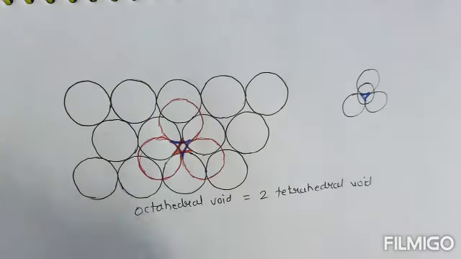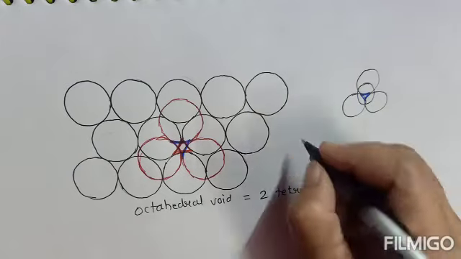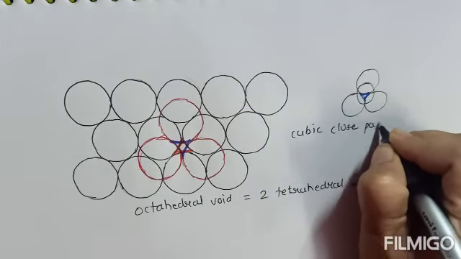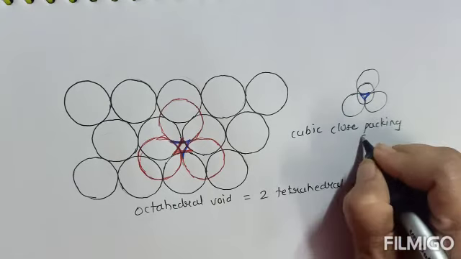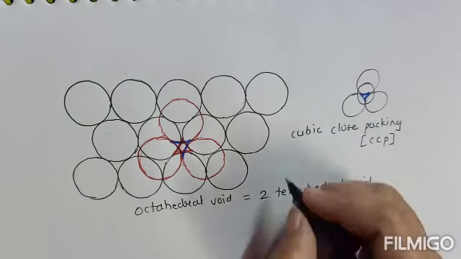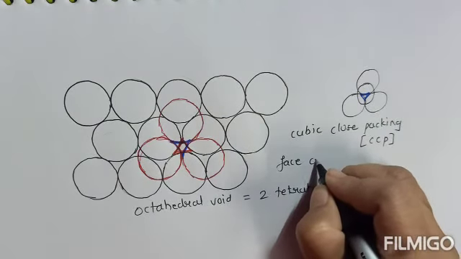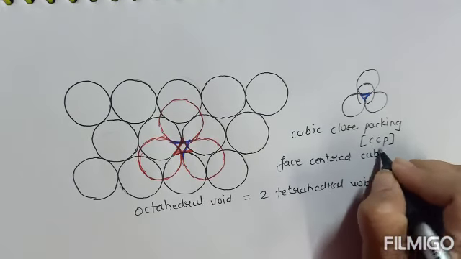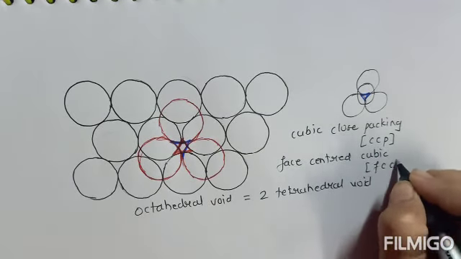So this whole arrangement will result in cubic close packing. We call it CCP, or face centered cubic packing. We call it FCC.